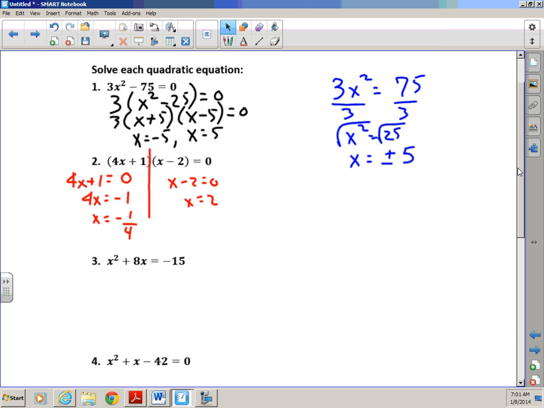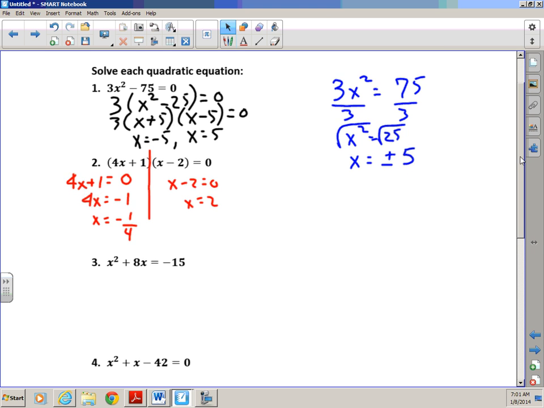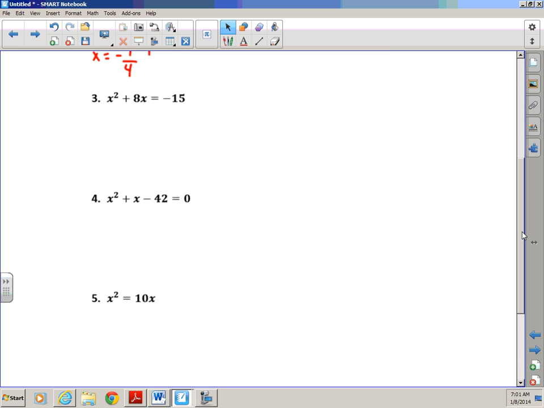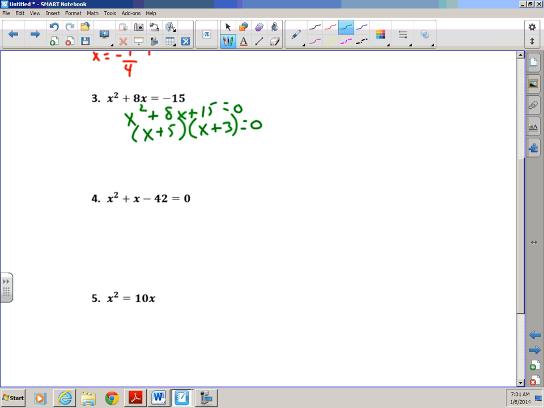Okay. The third one, please remember that you have to set your quadratics equal to 0. Set each one equal to 0.